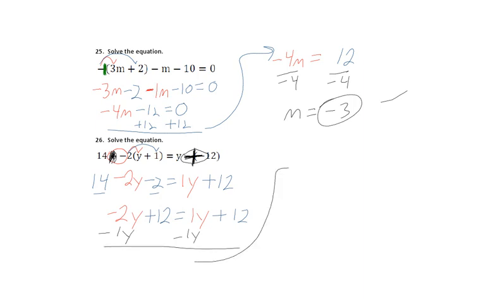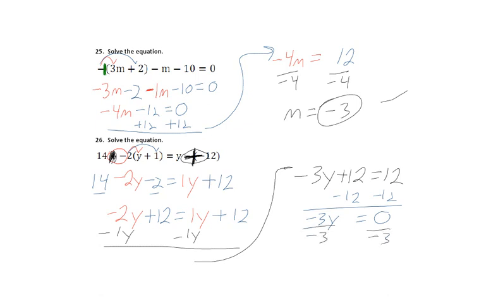So that becomes negative 3y plus 12 equals 12. From here we could subtract 12, so that becomes negative 3y equals 0. Well, our last step is divide, but it doesn't really matter because 0 divided by anything is still 0. And that is our answer.